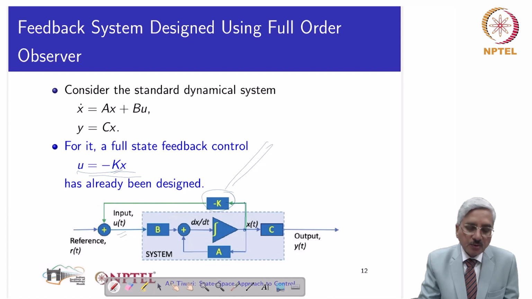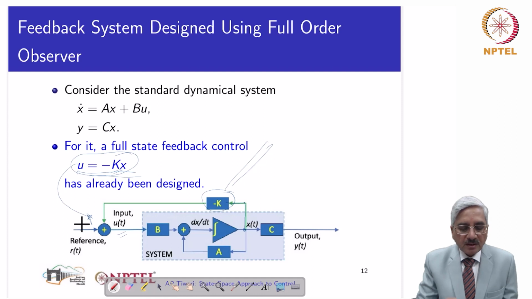So this input u is minus Kx plus this r. So we designed the state feedback with the assumption that states will be available for feedback and the system closed loop will be implemented like this.